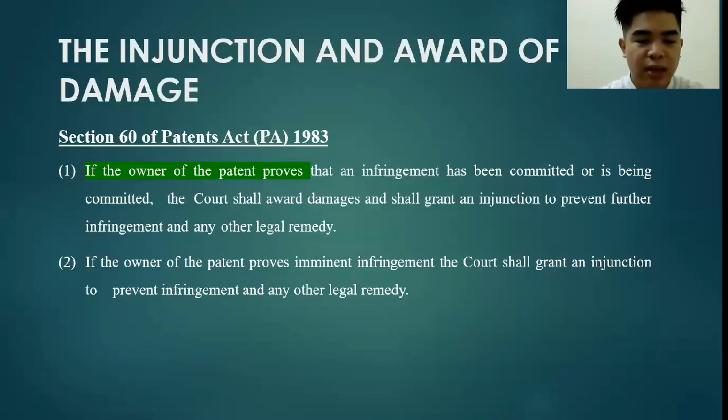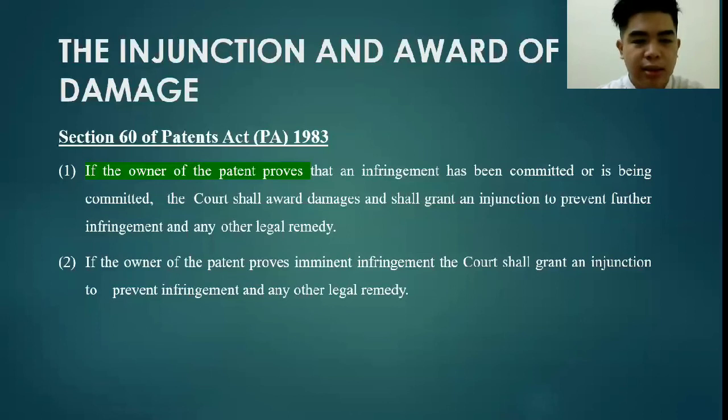This shows that a granted patent does not enforce itself automatically. It is up to the owner of the patent to institute infringement proceedings for any infringement of his patent rights. Besides, we can see that the burden of proof of infringement also falls on the owner of the patent, as stated under Section 60 of the Patent Act 1983.